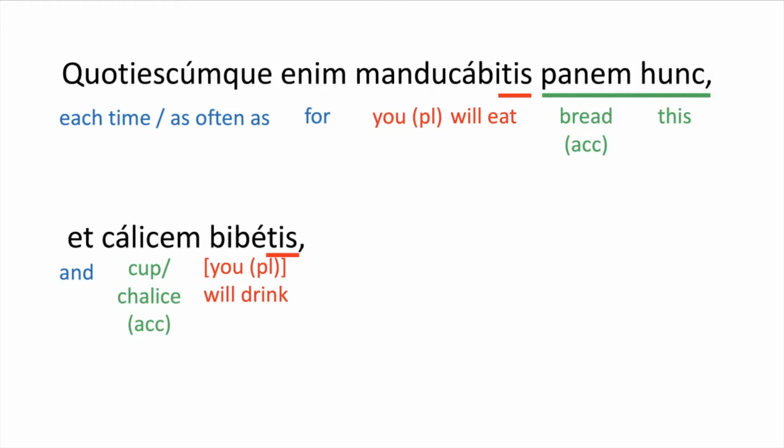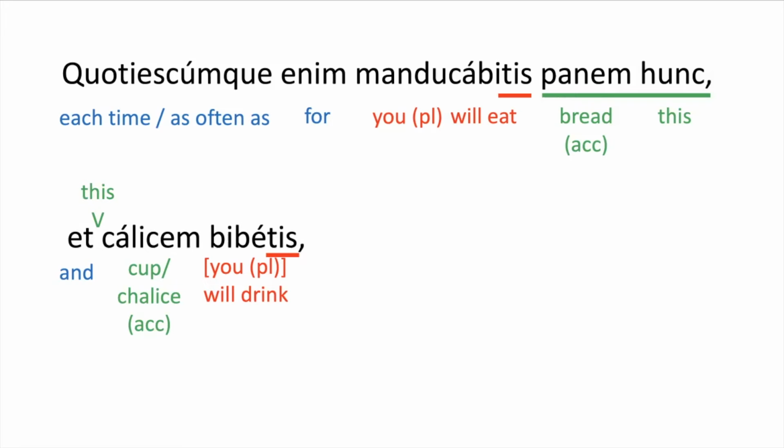Remember, we also have to insert an article in front of this. We don't say you drink cup. You would say drink a cup, the cup. And actually, since this was used for bread, I'm going to throw in a this here. It's not included in the Latin, but Latin is a really efficient language, and if they can cut out words, they will. So in English, sometimes we just have to insert some things.